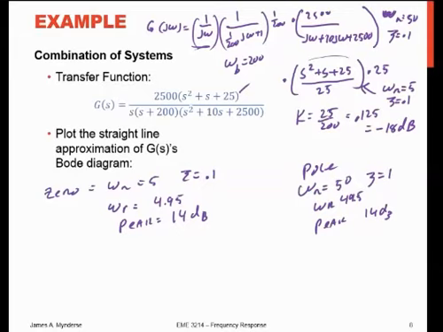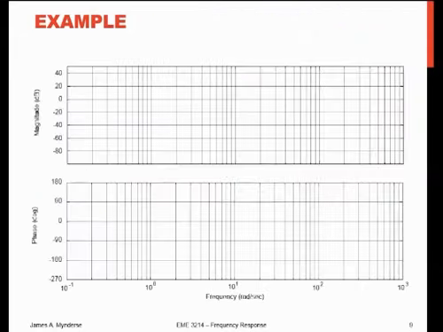And what we'll do, I'm not going to draw each and every piece on here because it just turned into a mess. I'm going to start from the left, and I'm going to go piece by piece. We have that pole at the origin, so we start out with a slope of minus 20 dB per decade, and it's going to go through our minus 18 decibels at omega equals 1.